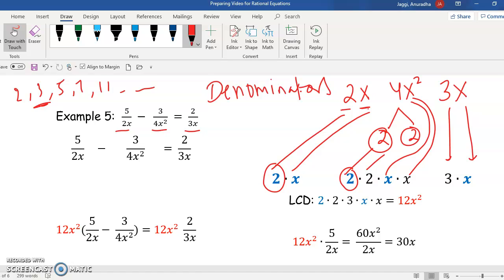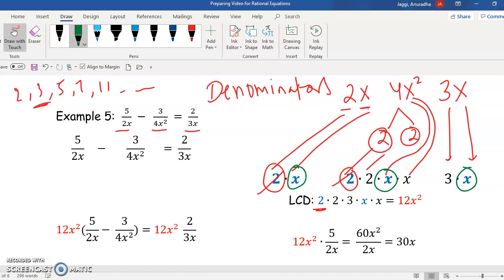So these two 2's get replaced by 1, 2. Okay. Then the next factor is x. I'm going to take this x and see its presence in the other denominators. So you're going to check off these x's.